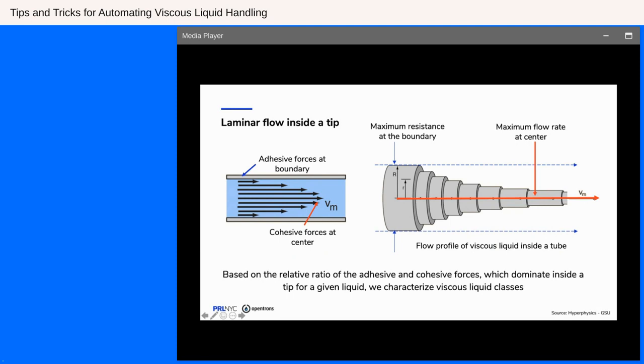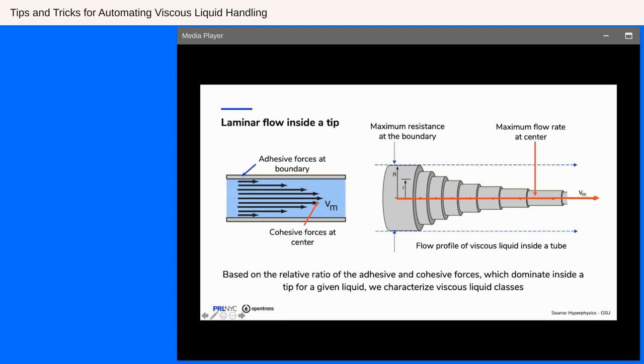Now, the strategy to handle viscous liquid is to get this red arrow as close as possible to the beginning of the meniscus, which means we have to align the ratio between the adhesive forces and the cohesive forces for an effective flow through the pipette tip.